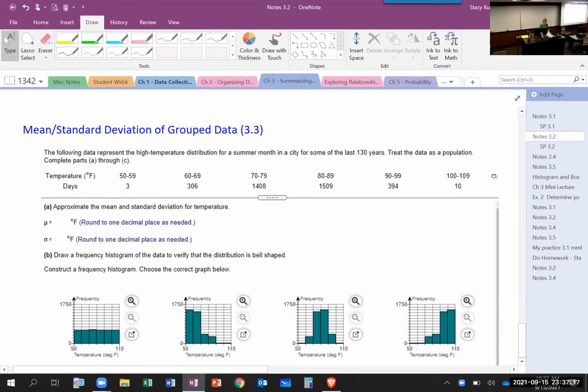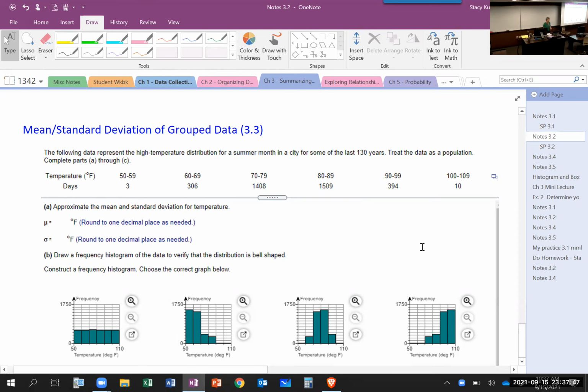Okay, and so you have the idea then that, well, if I'm given information that's already been summarized, and it's quantitative data, like what we're talking about, in groups of values, how would I be able to find the average if I don't know every single point in the data? Let me show you what I'm talking about here. This is an example.